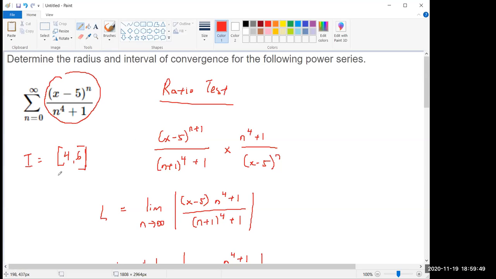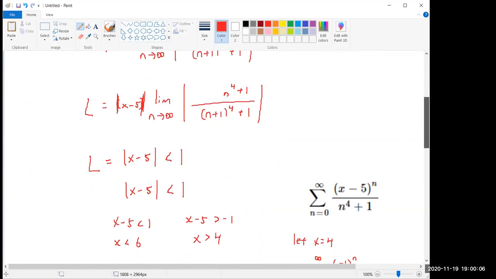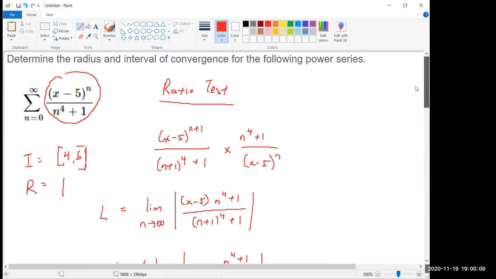So that makes sense. What's the radius of convergence here? Yeah, it's 1, right? Because the distance from 4 to 6 is 2, and then half that distance is 1. Okay, so that was another example regarding interval of convergence.